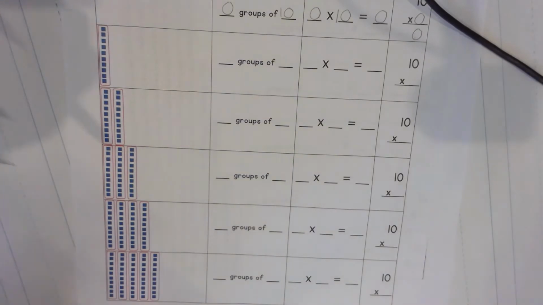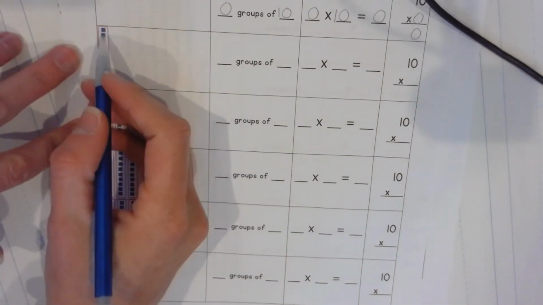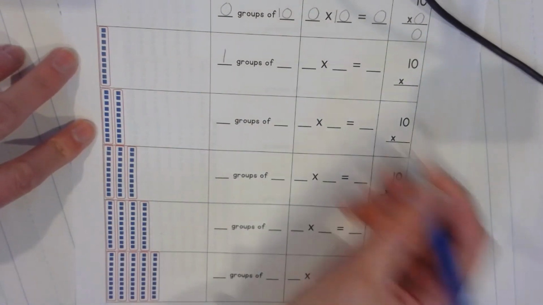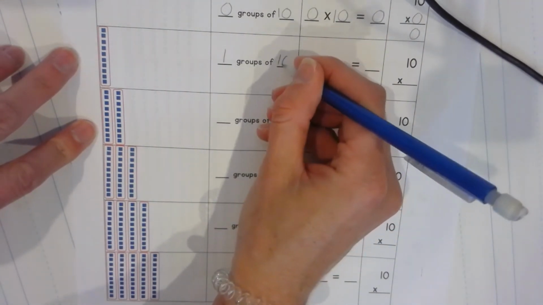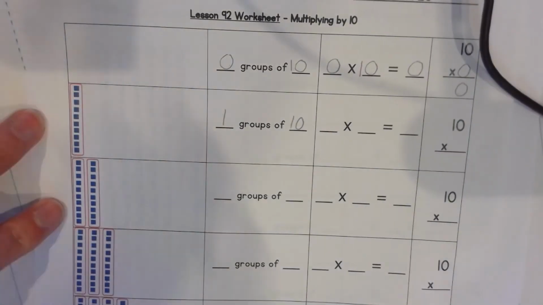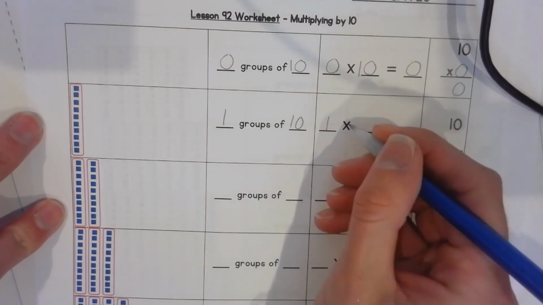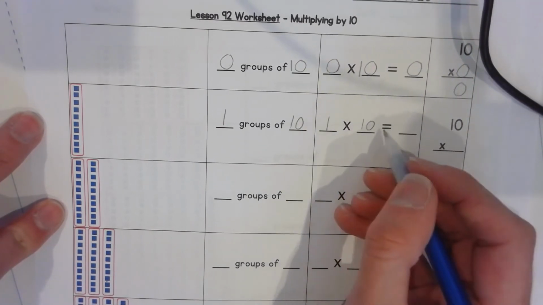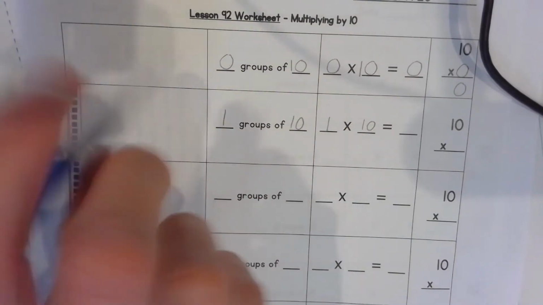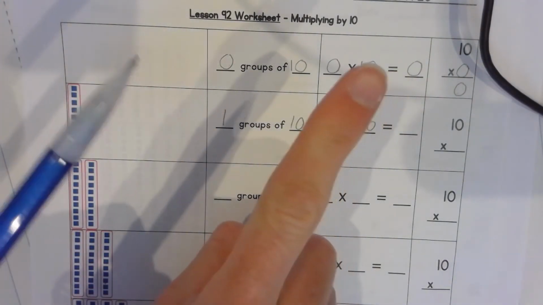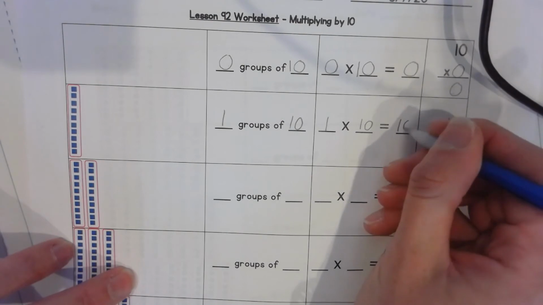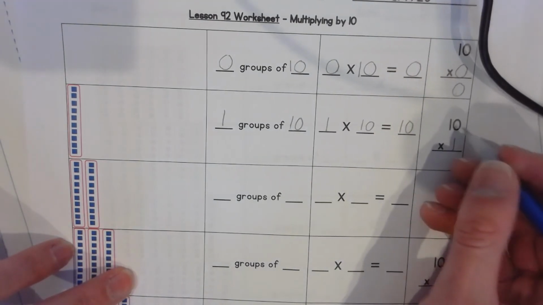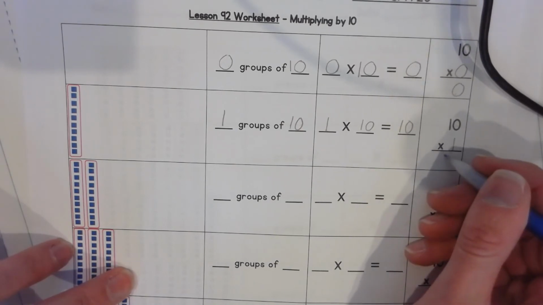But anyway, if you have 10 and one group of them, you have one group of 10, which is 1 times 10 equals, well, if you count by tens one time, you have 10. That's it. And so 10 times 1, or 10 one time, equals 10.